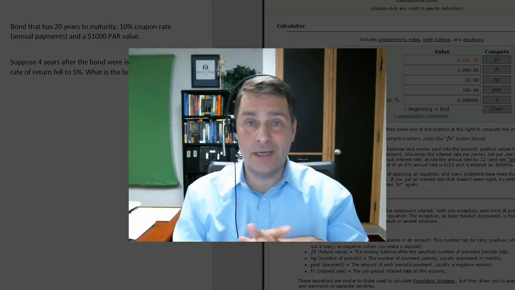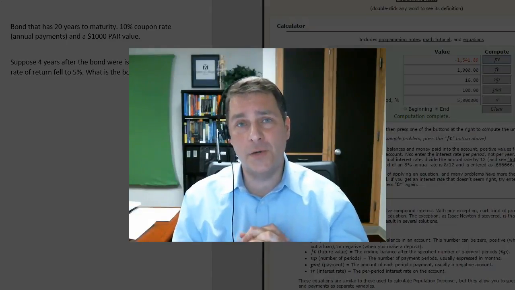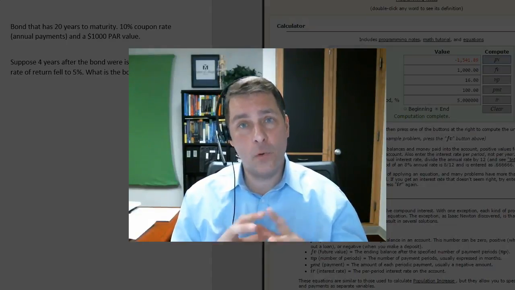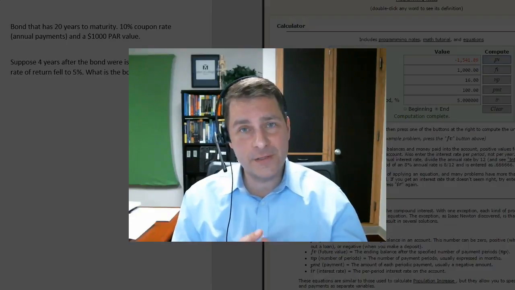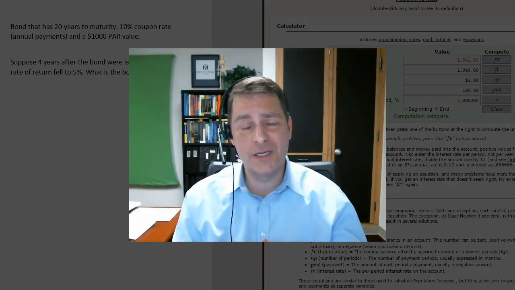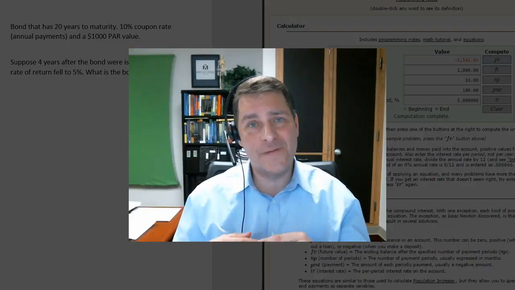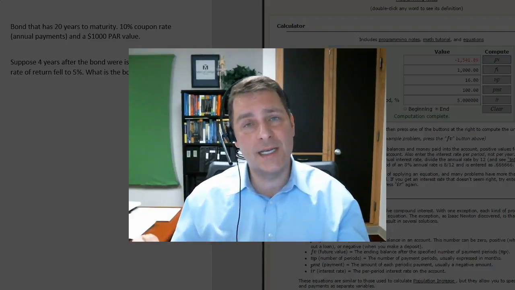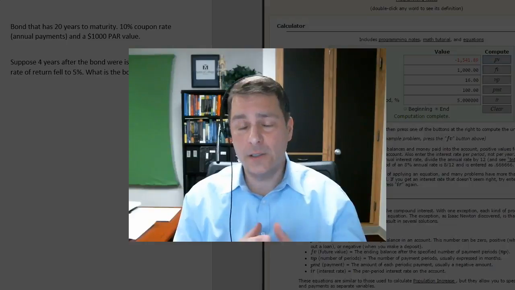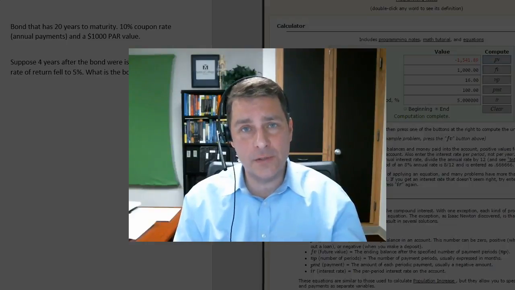So here's another big picture thought too. If you're holding a portfolio with a large percentage of fixed rate bonds, and you're facing an increasing interest rate environment, you're going to see your portfolio values go down over time.